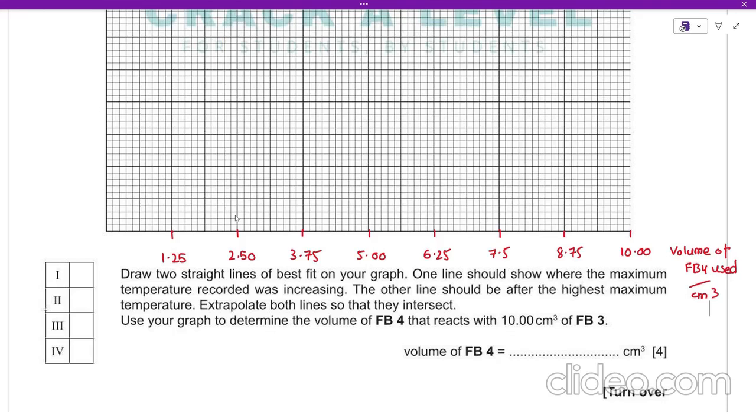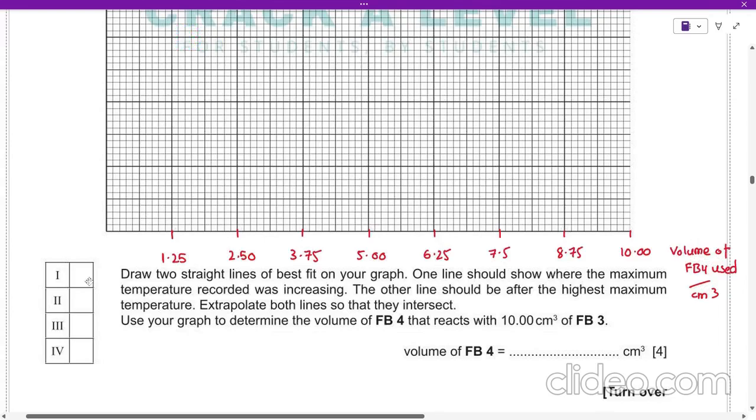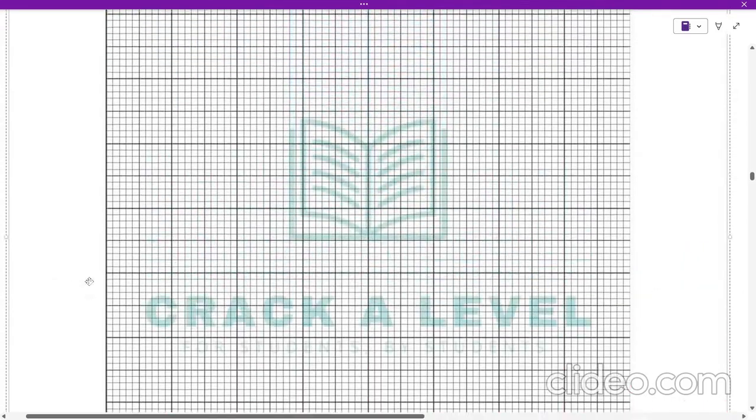Extrapolate both lines so that they intersect. Use your graph to determine the volume of FB4 that reacts with 10 cm cube of FB3.